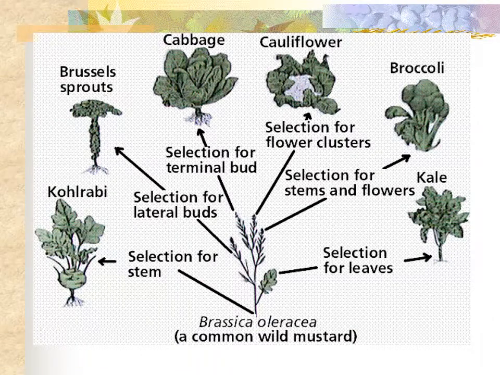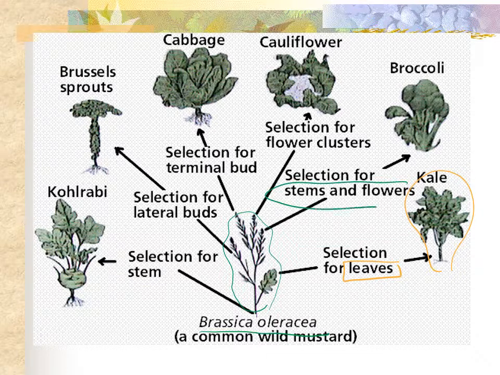Here's another example. Here's the scientific name. Brassica oleracea is a common wild mustard. And people grew that, but as time has passed, we have selected for different features within that plant. So when we selected for big beefy leaves, we ended up with kale. And if we selected for stems and flowers, then we got broccoli. And when we bred the plants to select for flower clusters, then we got cauliflower.